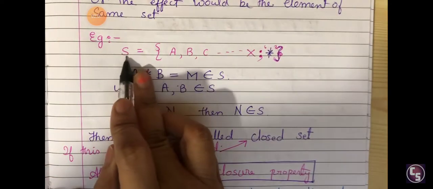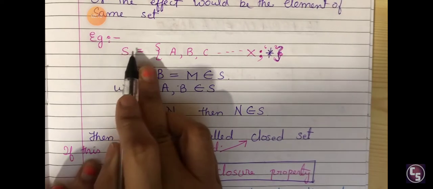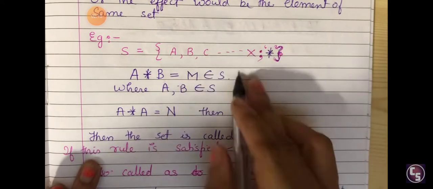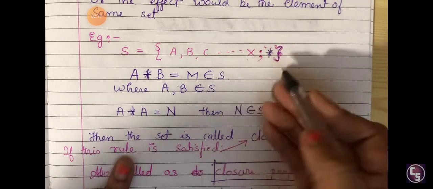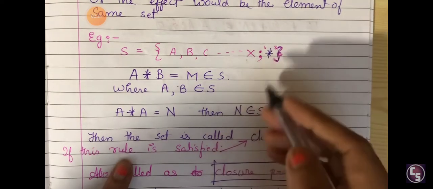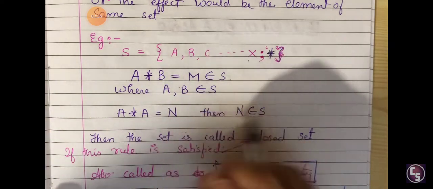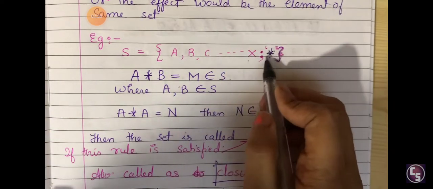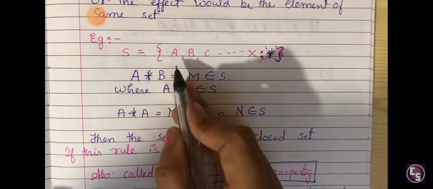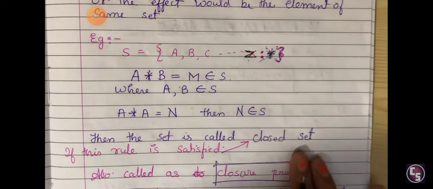Suppose we have a set S which contains A, B, C till Z, with the operation of multiplication. I am just giving this example to make things easier.